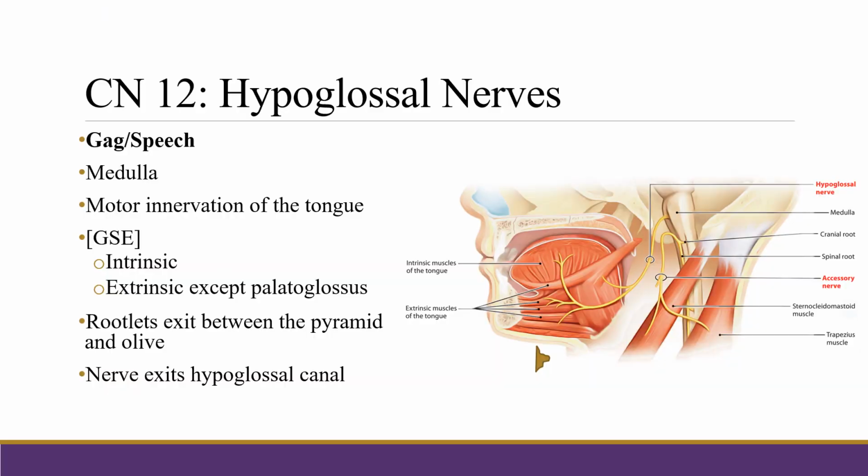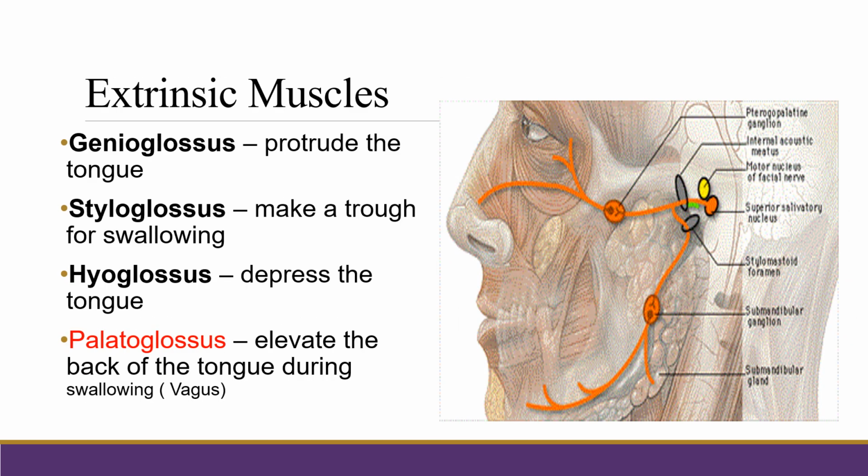So, gag, speech, medulla, it's GSE, it's intrinsic and extrinsic except for palatoglossus. Rootlets exit between the pyramid and the olive of that medulla, and the nerve exits via the hypoglossal canal. So, thinking about those extrinsic muscles, think of genioglossus, styloglossus, and hyoglossus. So think of hyoid.